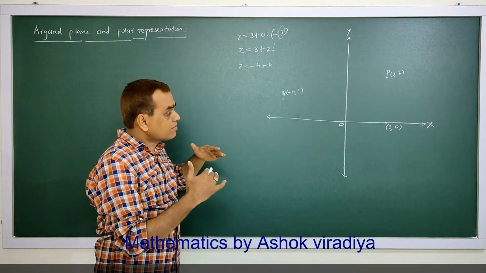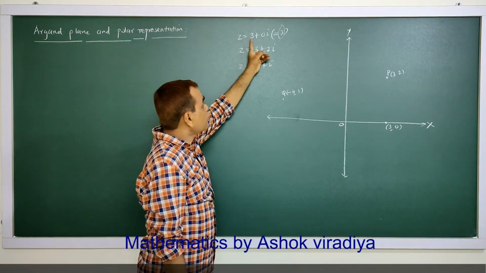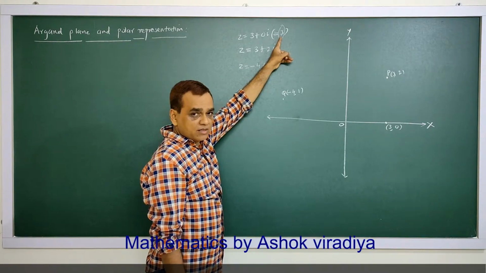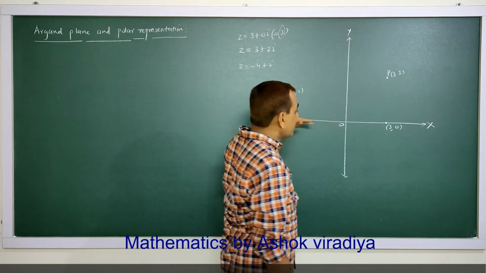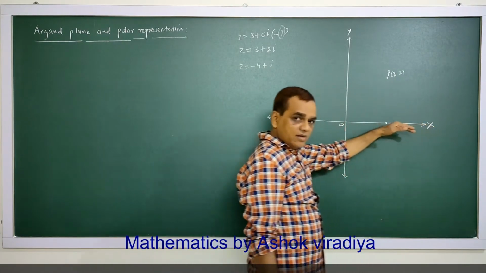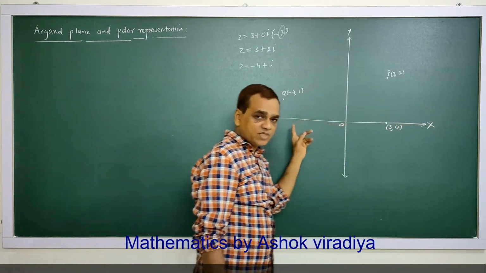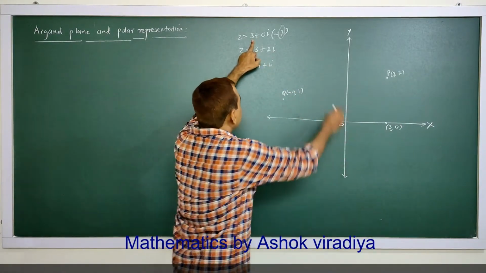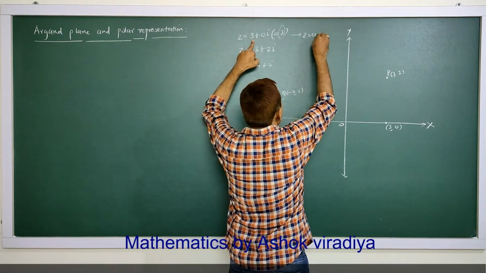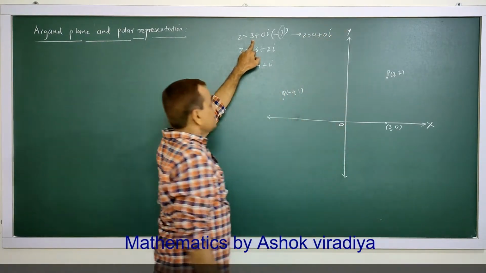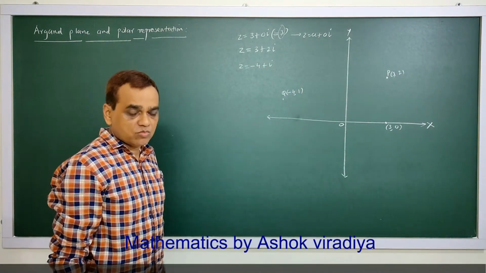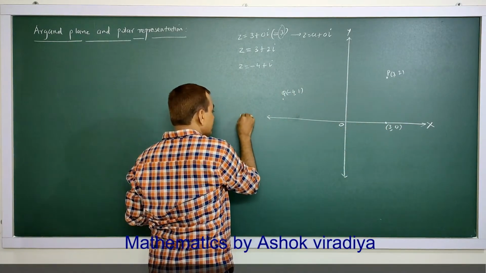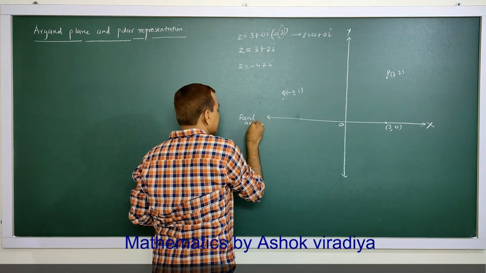So the point corresponding to every such complex number which is a real number lies on the x-axis. So every point on the x-axis is associated with such complex numbers z equal to a plus 0i, where b is 0.